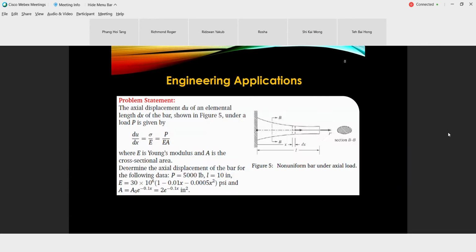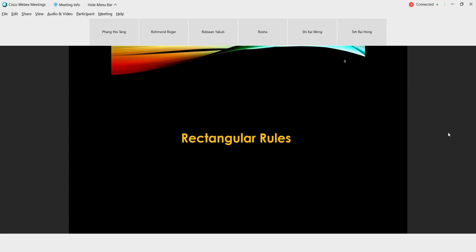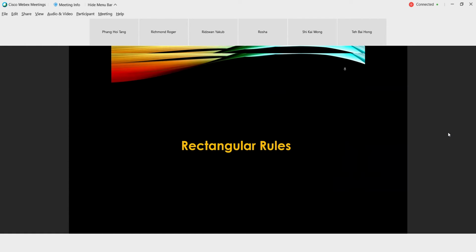Before we solve this one, I need to teach you the specific methods to solve numerical integration. So this is the first rule we call the Newton-Cotes formula, first method, the rectangular rule.